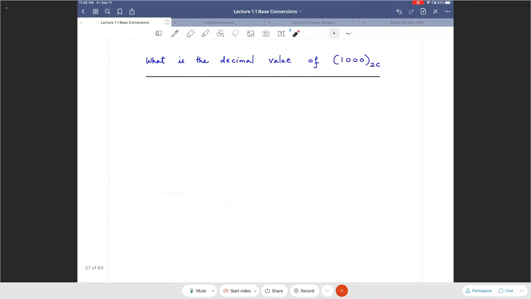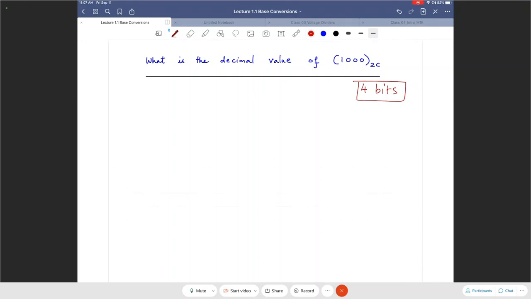Now, that's an interesting question. What is the decimal value of 1000? So I'm using 4 bits. What do you think the value is? In sign magnitude representation, it would have been -0, right?